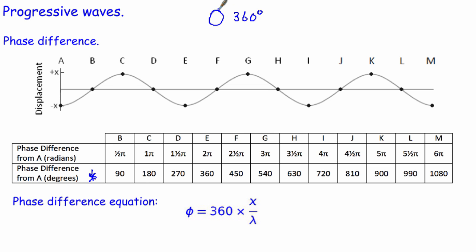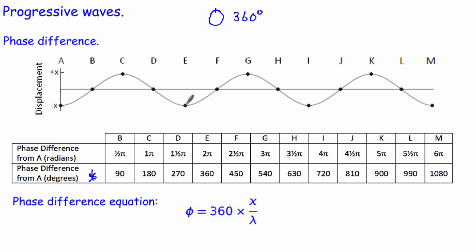So any multiple of 360 degrees, 360, 720 means we've gone round twice, but we've got back to the same point. So if we're here and we move a phase difference of 360 degrees, what it means is we're at the next point that is doing exactly the same thing as that. In other words, it's completely in phase.